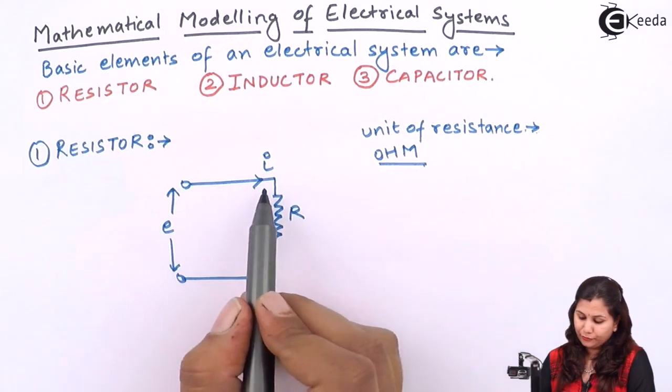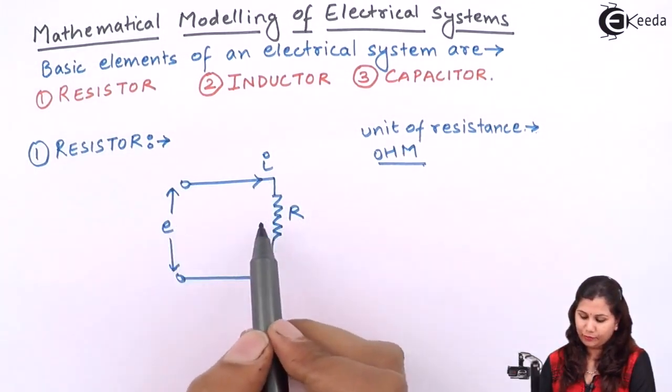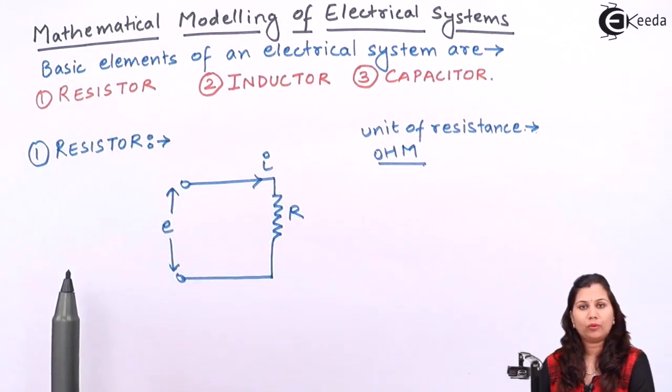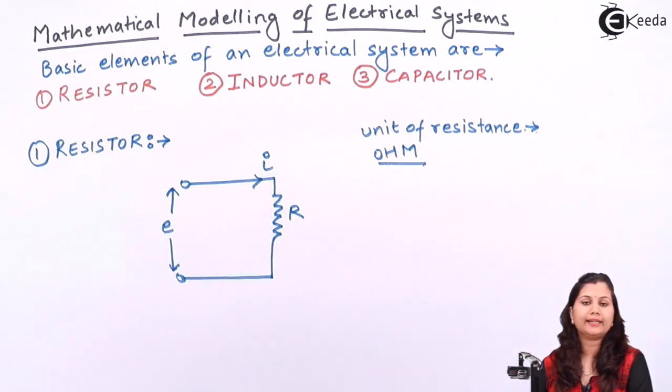Now the current flowing through this resistance is I and the voltage is E. The relationship between the voltage drop across the resistor and the current is defined by Ohm's law.